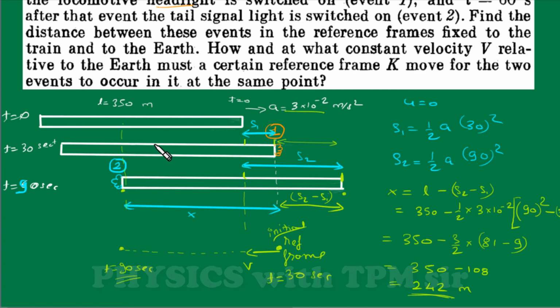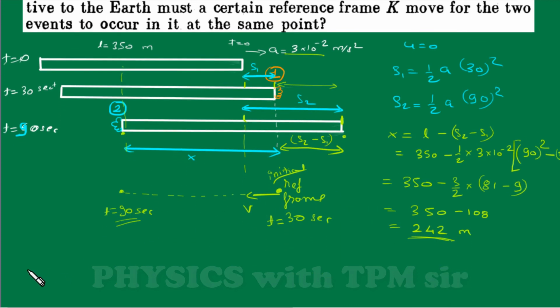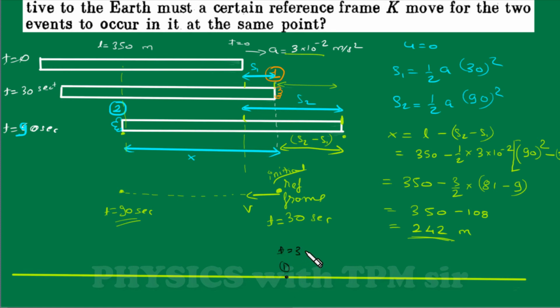Actually, you must understand that this whole train is running on the same straight line only. Now we know that when the first event occurs at t equal to 30 second, the reference frame started running in the opposite direction. So with respect to this reference frame, at t equal to 30, both this frame and event 1 are at the same place.